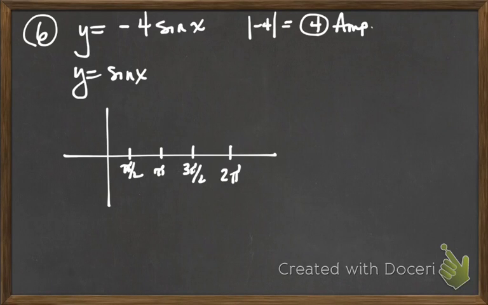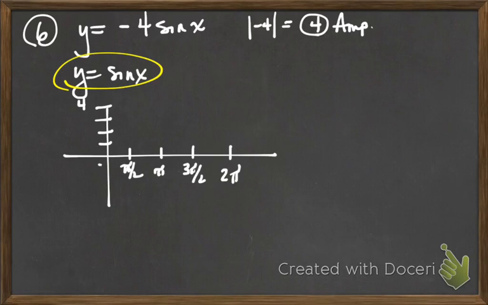Gonna graph y equals sine of x real quick in yellow. Need to mark my y-axis. How am I going to do that? How far do I need to go up and down on the y-axis? 4 units. 1, 2, 3, 4.